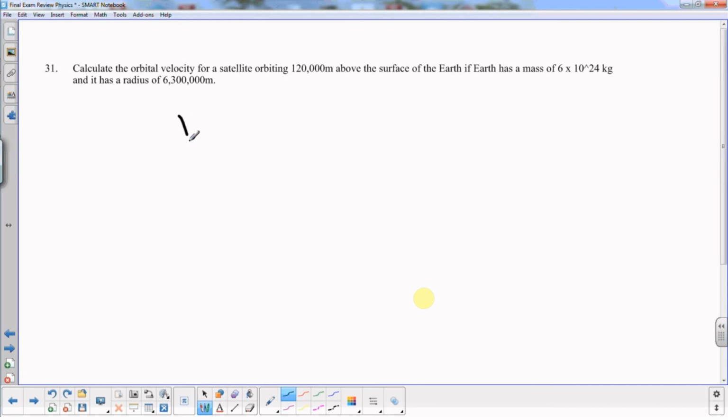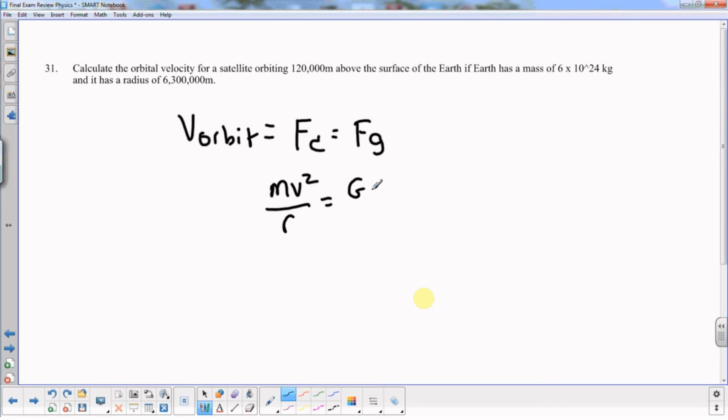If you remember how we got that, that was all based on FC coming from FG. Now, FC is mv squared over r, and FG is big G m of the object, mass of the planet, over r squared.